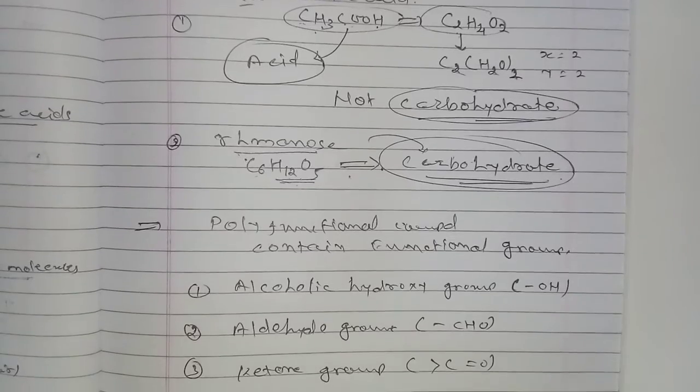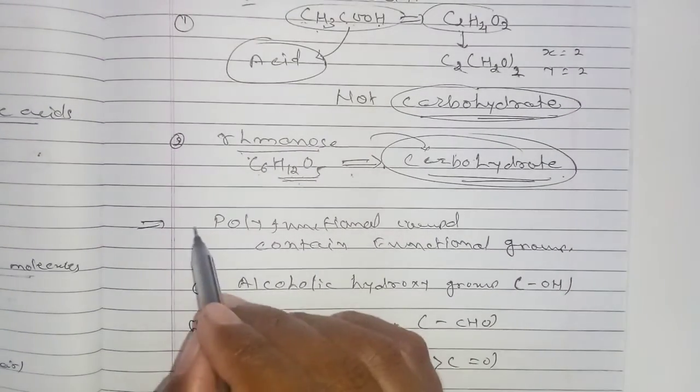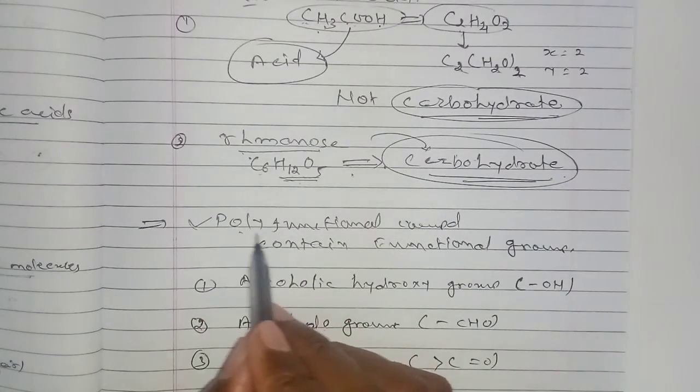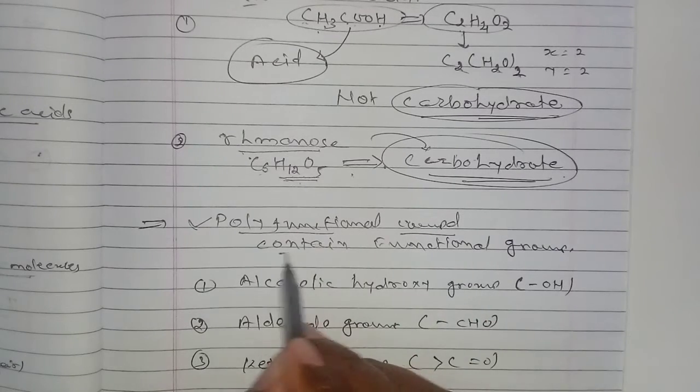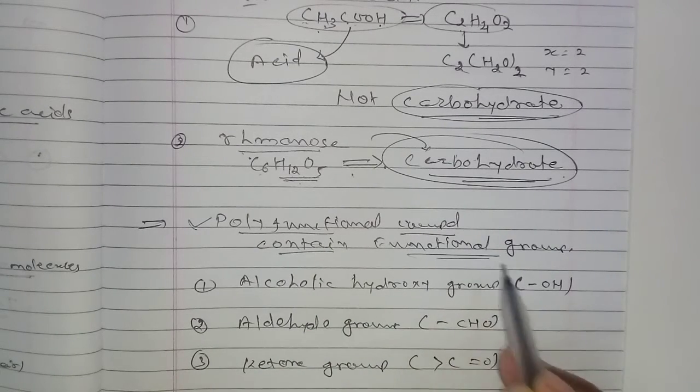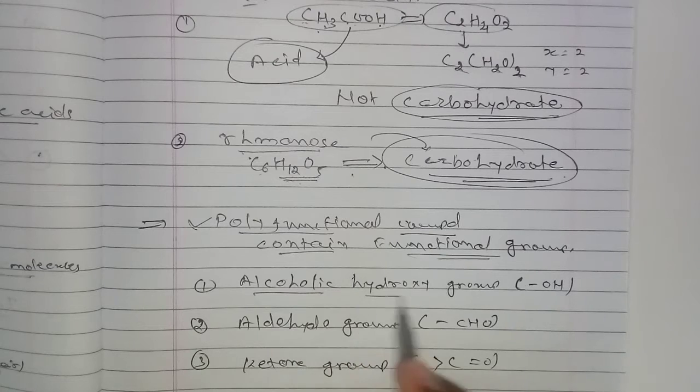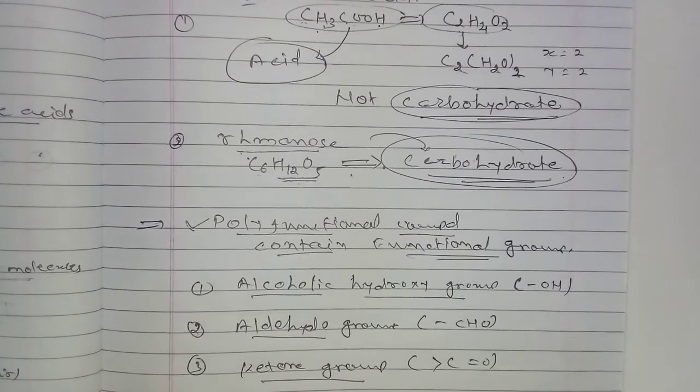So carbohydrate is a polyfunctional compound that contains functional groups like alcoholic hydroxy group, aldehyde group, and ketone group.